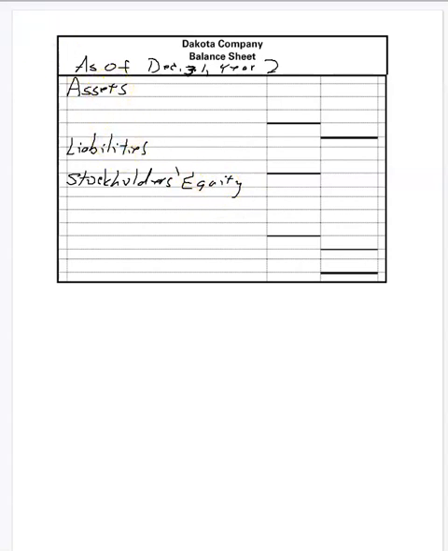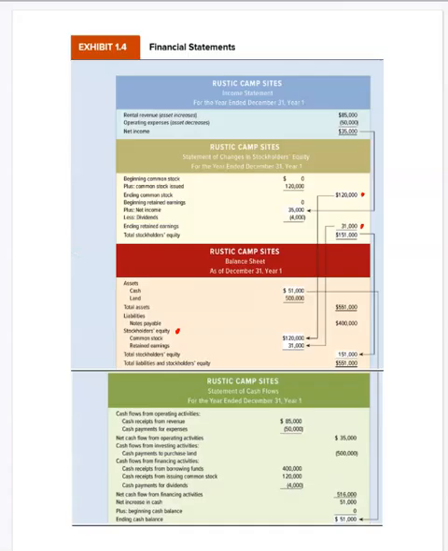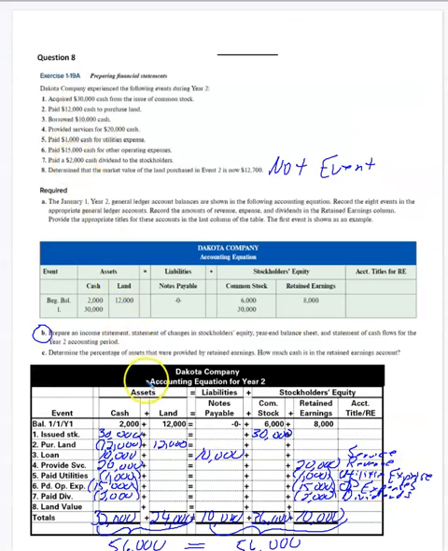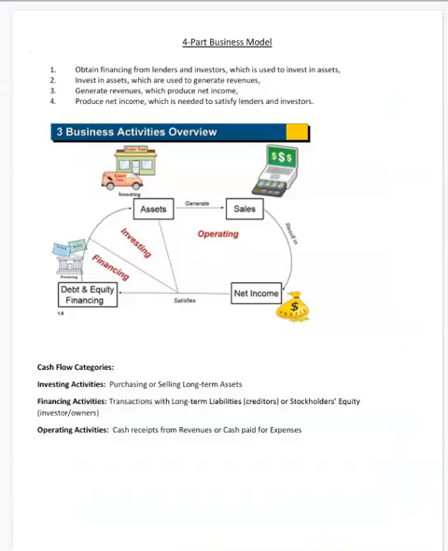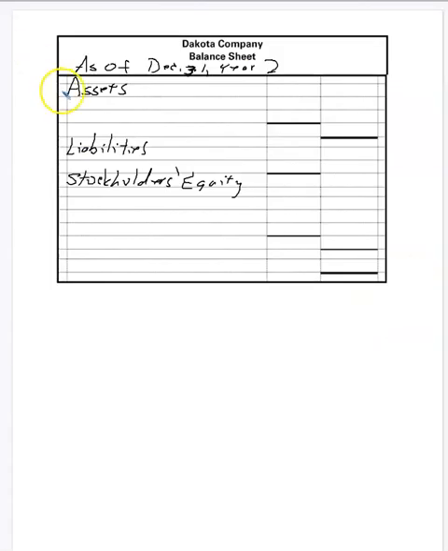Okay, we need to go back and see what assets the company had in our particular problem. They have 2, cash and land, 32,000, 24,000. Let's go put those on our balance sheet. So cash really means cash in the bank, not actually paper cash. So cash in the bank of 32,000.